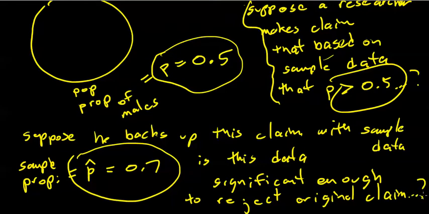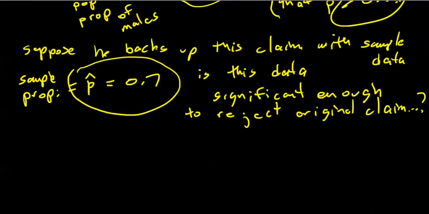That question is the crux of what we will be studying in chapter 8. Remember, the original claim was that little p was equal to 0.5.